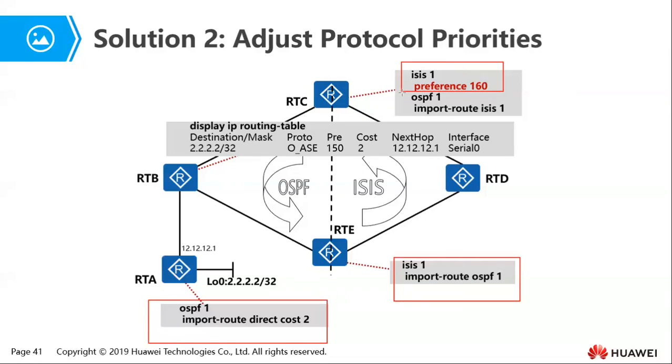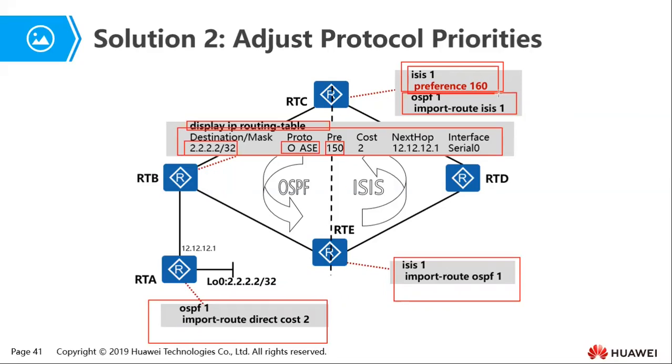Then if we do OSPF 1 import route ISIS 1, we can display the routing table and see that only the route that was learned from AS external, which has a preference of 150, will be installed in the routing table. So we've changed the preference for ISIS 1 to be higher than the preference for AS external, ASE.